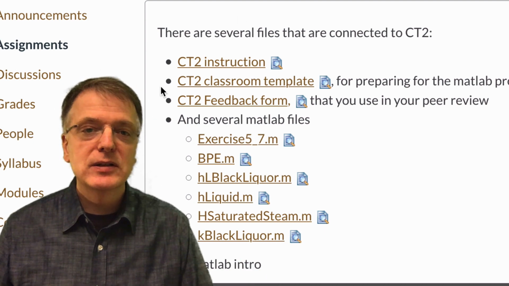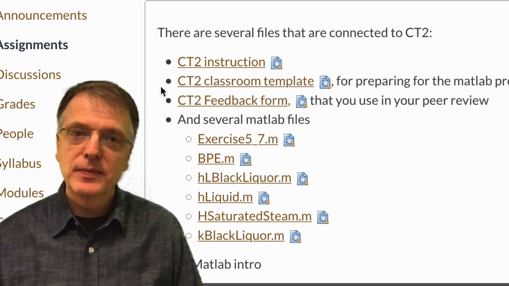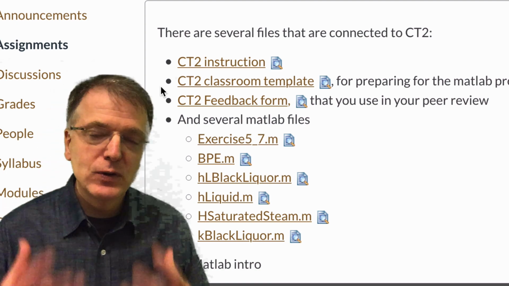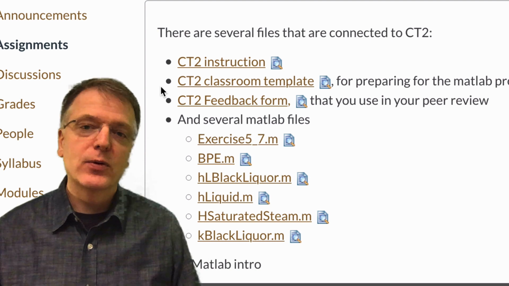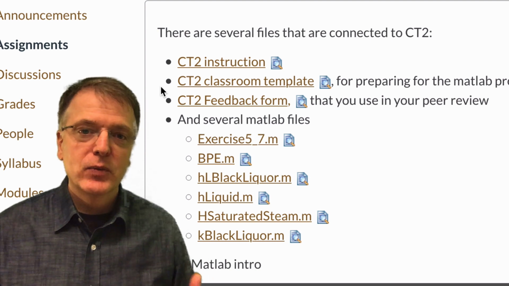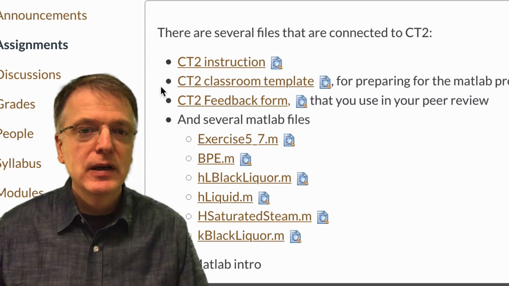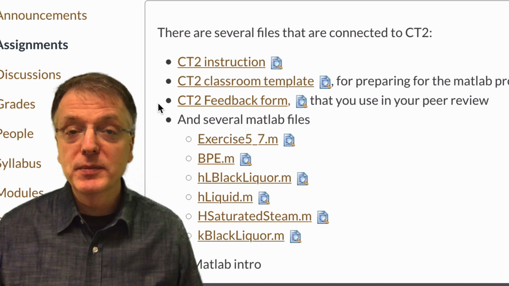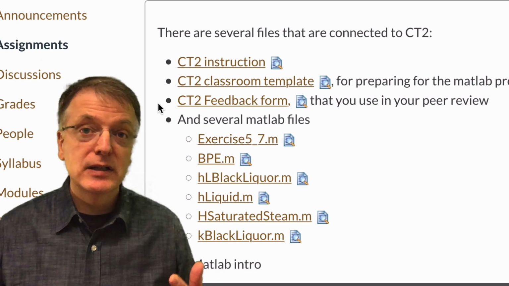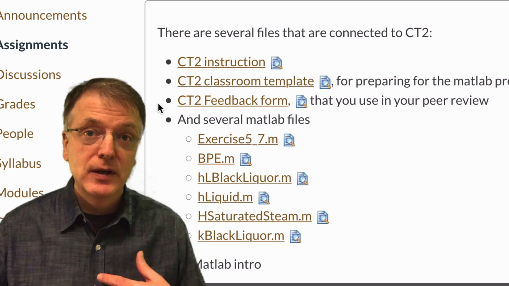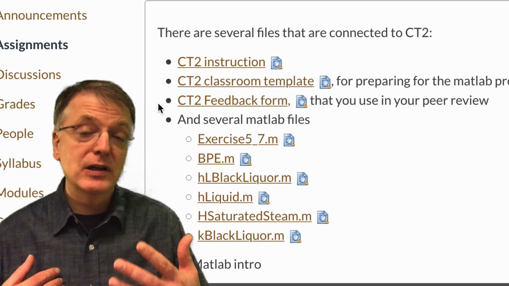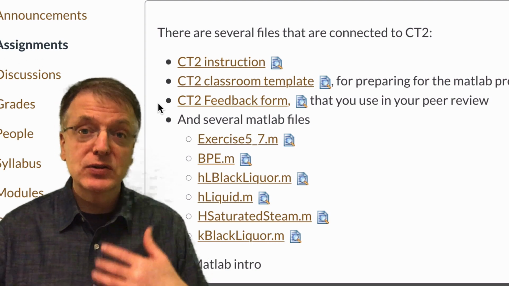There is a CT2 classroom template that's to use when you prepare for the MATLAB programming. We will look into that file shortly. And there is a CT2 feedback form, and you're supposed to use that when you do peer feedback. And when you do peer feedback, you should actually exchange some data and results.